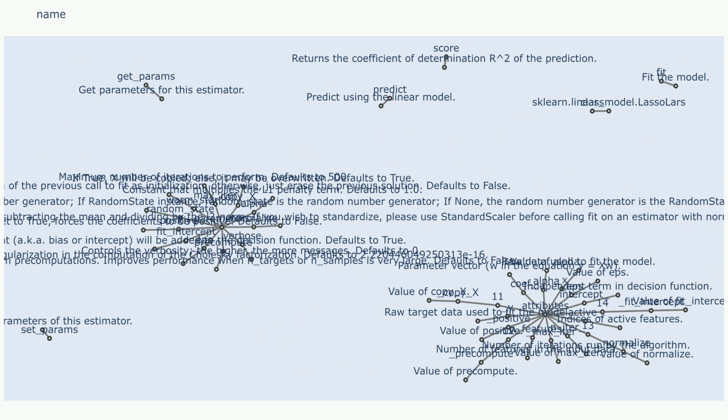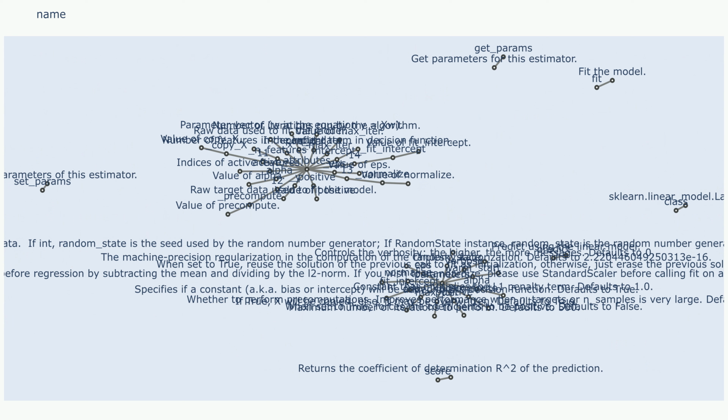Random state. Controls the randomness introduced in the model, particularly when shuffling the data before fitting if warm start is false. Defaults to none. You can set it to an integer for deterministic results, a random state instance, or none for default random seeding. Warm start.